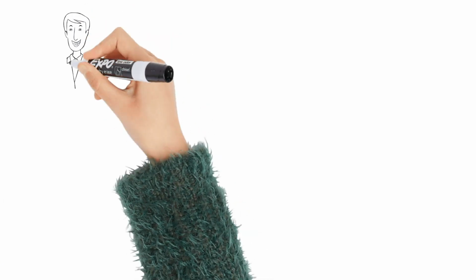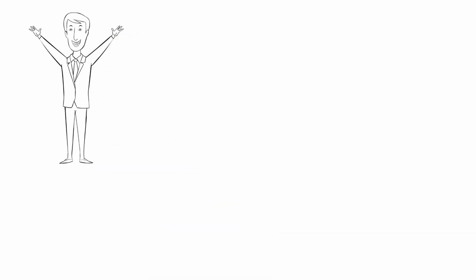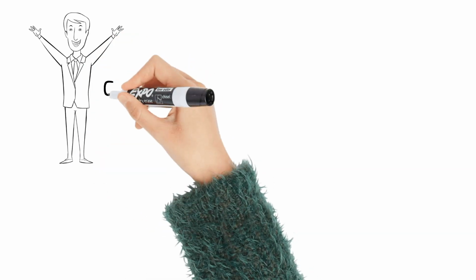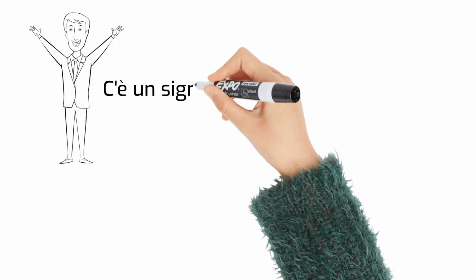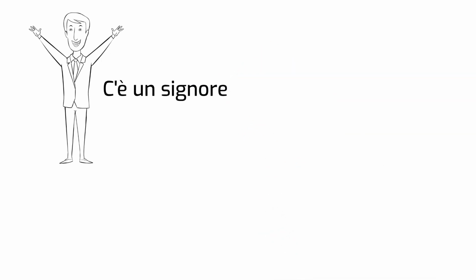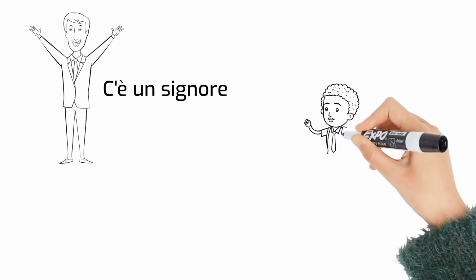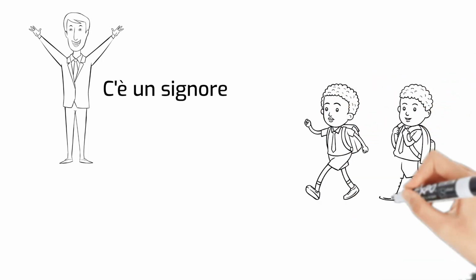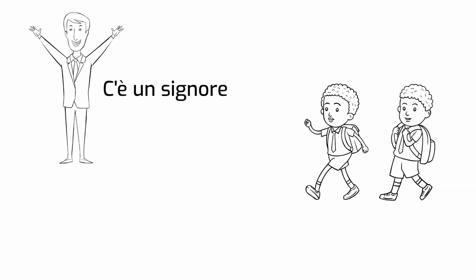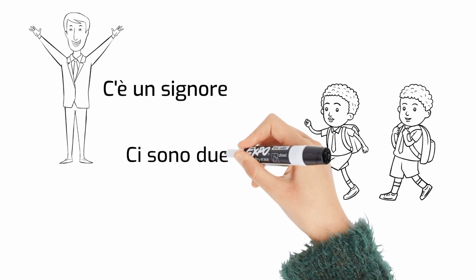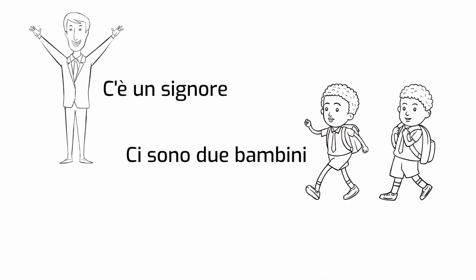Let's now look at some pictures and say what we see using c'è and ci sono. Here there is a man, so we say c'è un signore. Let's look over here. Here we have two children, so we can say ci sono due bambini.